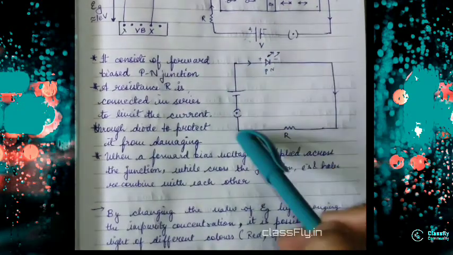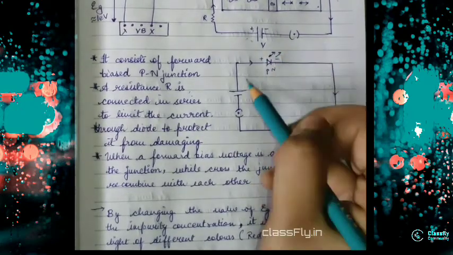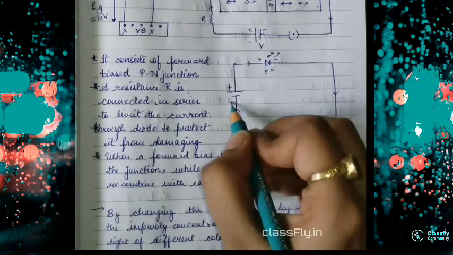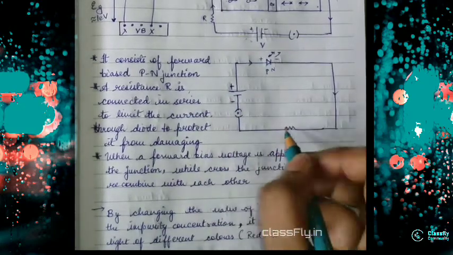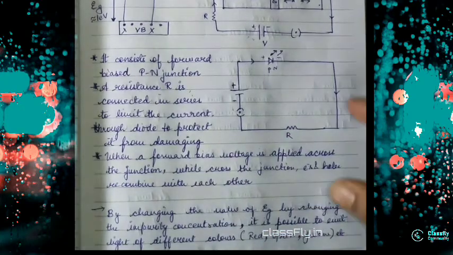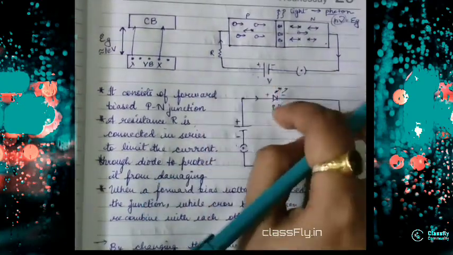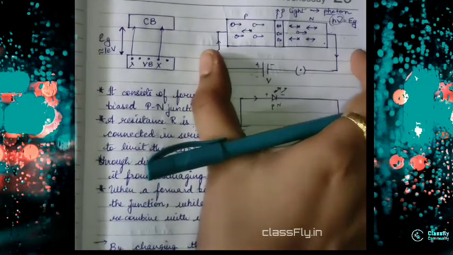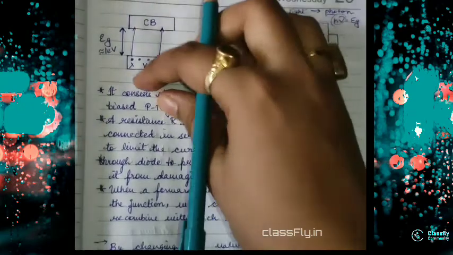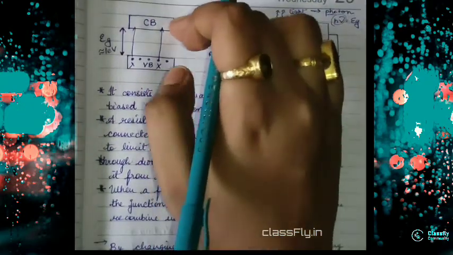And this is the full circuit of the LED with the PN junction. The P type is connected with the positive part, and the N type is connected with the negative part, with a resistor and a key. So this is the full circuit. This is the overview of how this PN junction works, and how the electrons get transferred from the valence band to the conduction band.